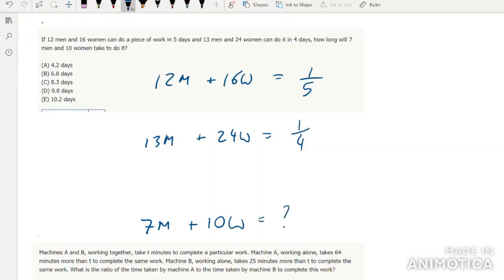Okay, well, we can just solve these simultaneously. So if I multiply the top one by 1.5, we get 18m plus 24w equals 1.5 over 5.